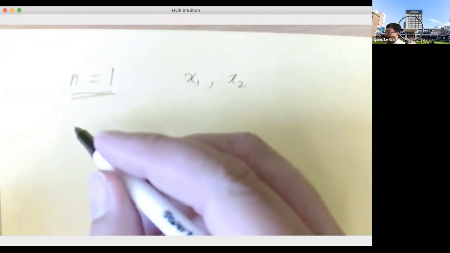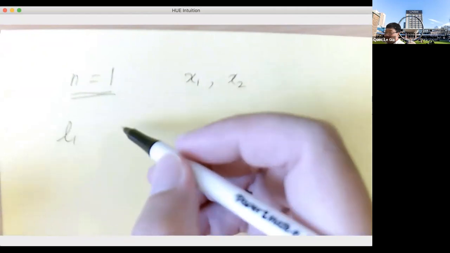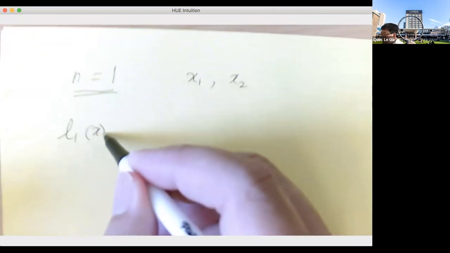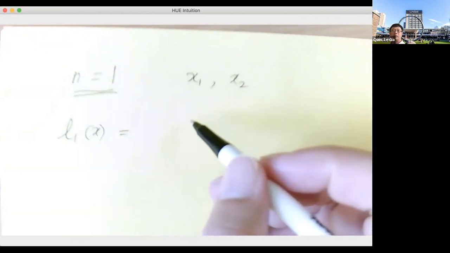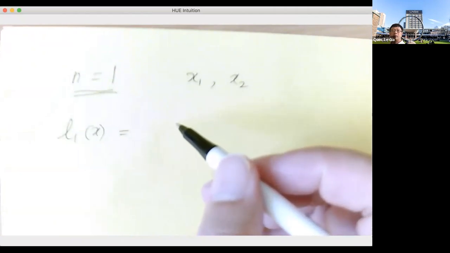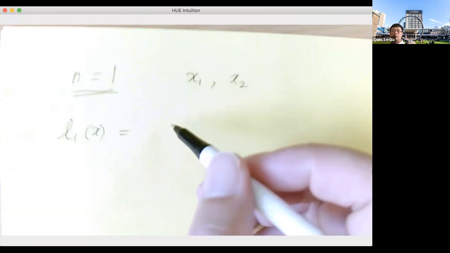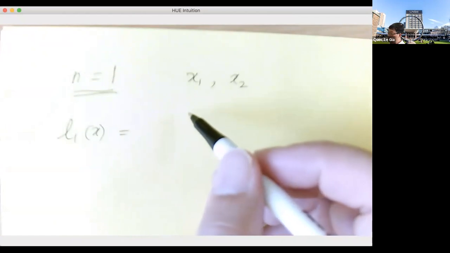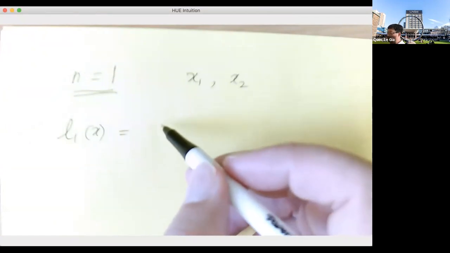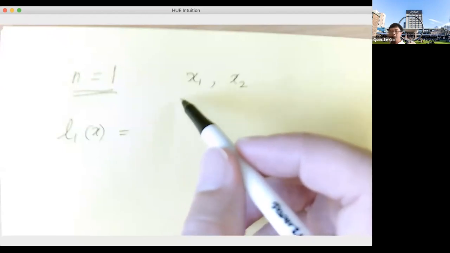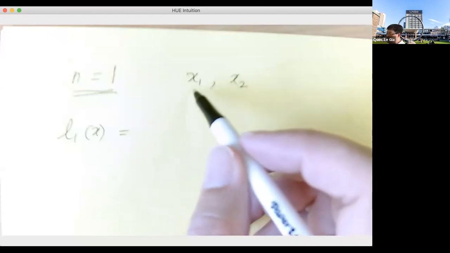Then what is the Lagrangian L1? So remember the formula: x minus everything except the first point.